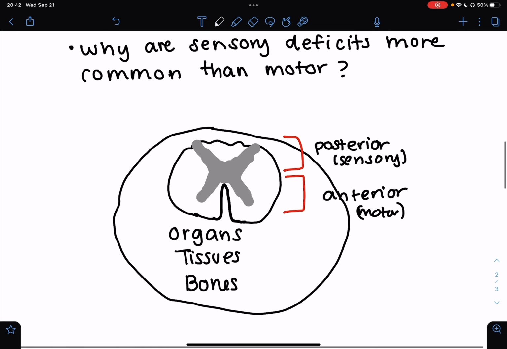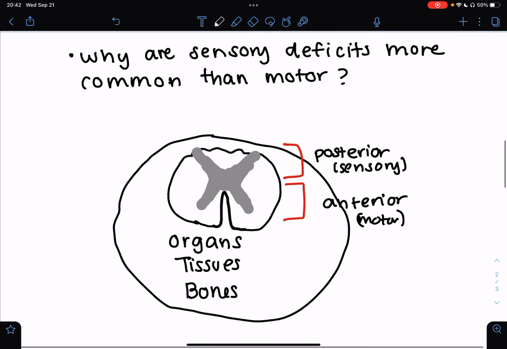And in my beautiful drawing here, as you can see, the posterior portion of the spinal cord is very superficial to the skin, and that is primarily your sensory function there, whereas your anterior has a lot of tissues and organs and bones that are in front of it, and that is primarily your motor functions.